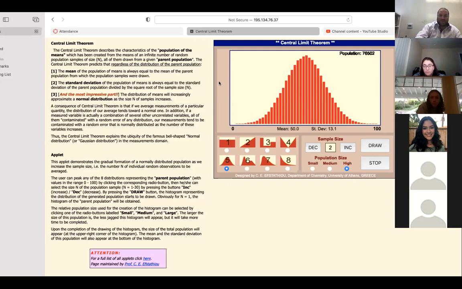And then what if I go to samples of size 3? What should be the standard deviation for a sample size of 3? 10.62. Let's see what I get here. 10.6.